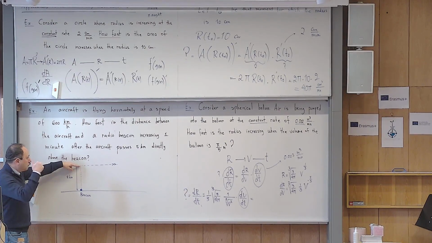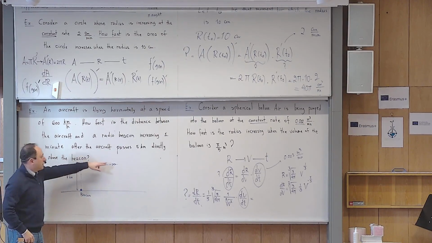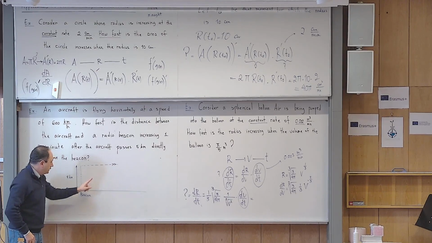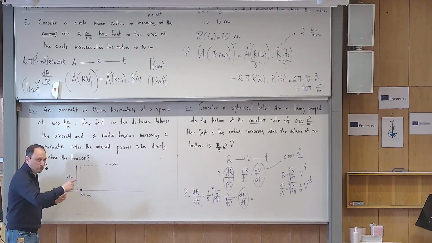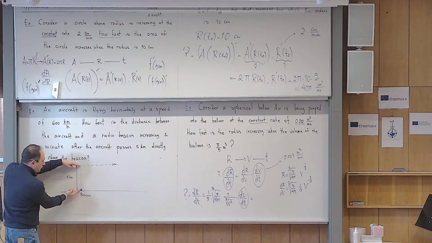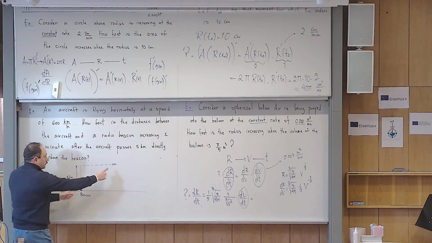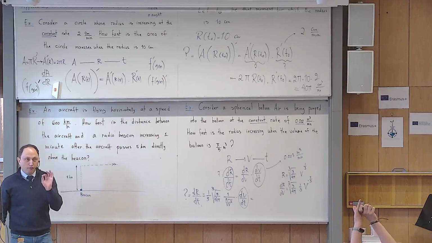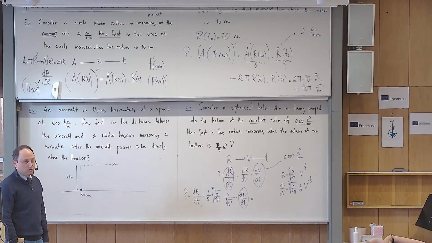After that, 1 minute later, the aircraft is at some point. And of course, the distance between the aircraft and the beacon is continuously increasing. For example, the distance was this much. Now the distance is longer. If the aircraft is here, the distance is longer. Now I want to see how fast that distance is changing.